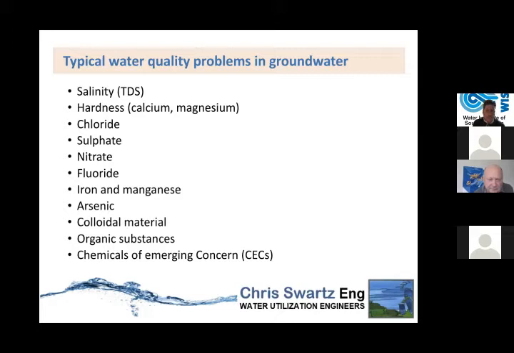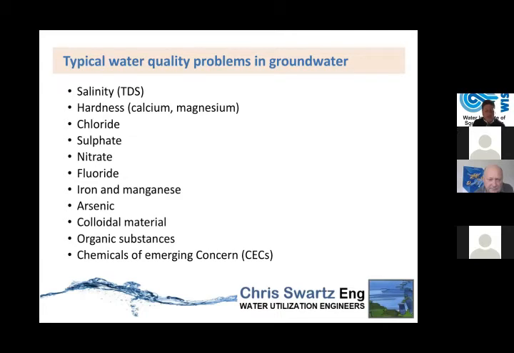Then you can also get some organic substances, and this is mostly from industrial pollution that can land up in the underground. And then something that's been at the forefront very much recently is the chemicals of emerging concern, or the so-called CECs, also called micropollutants, priority pollutants, and so on.